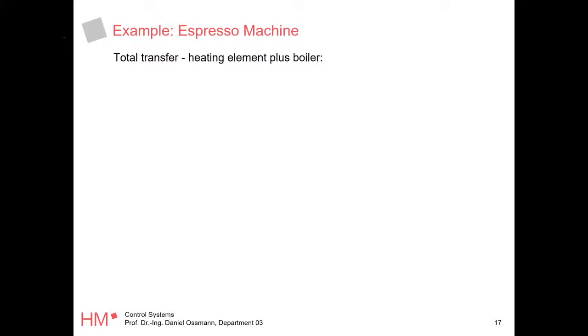The first equation, this is just a recap now. X1 of S is equal to Ku over S plus kappa heating element times U of S, plus kappa heating element over S plus kappa heating element times X2 of S, and we name that equation 1.